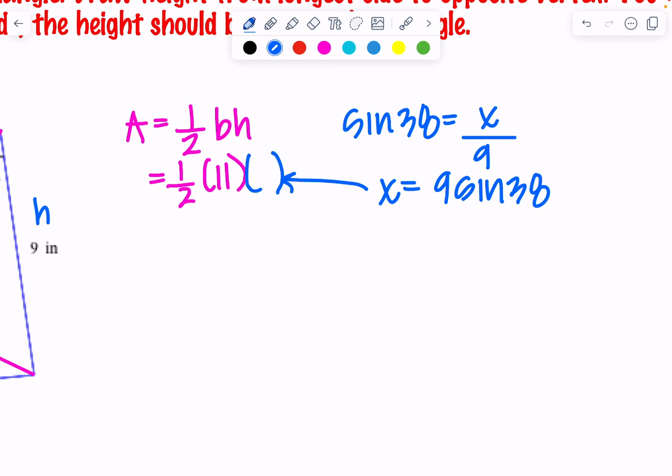So a couple things here. You can plug in 9 sine 38 and get those decimal answers and plug it into your area equation. What I would do, just to make my life easier, is type in 9 sine 38, press equals, multiply it by 11, press equals, and then divide by 2, press equals.